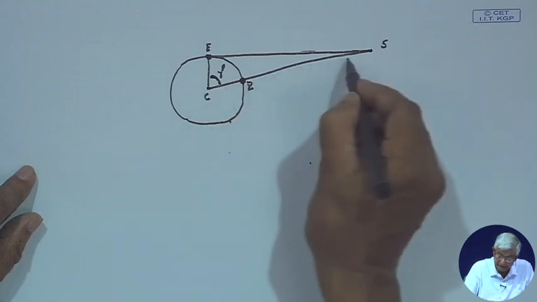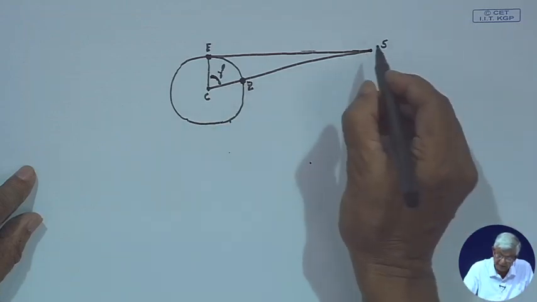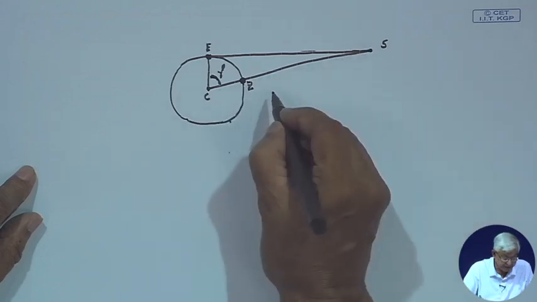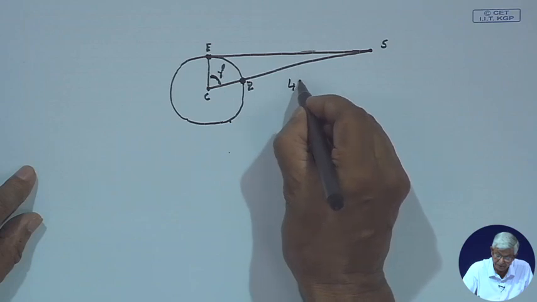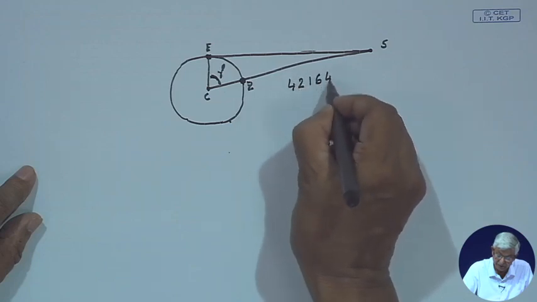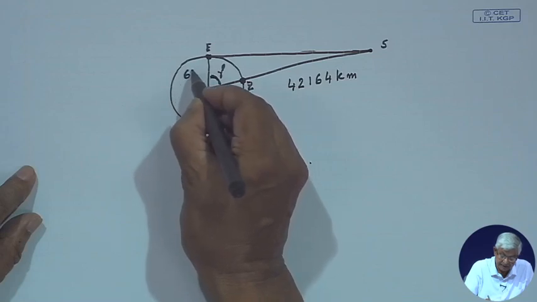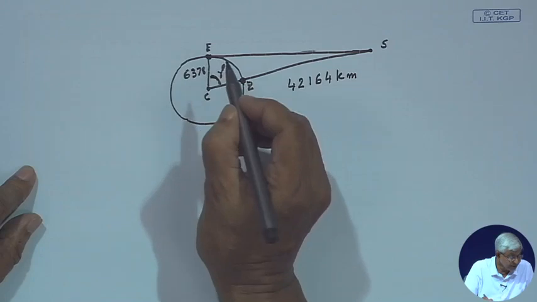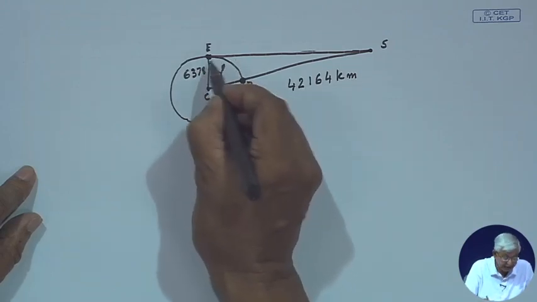Now, this is the distance from the center of the Earth to the satellite, and for a geostationary satellite this distance is already calculated, normally we know it, 42164 kilometer. Radius of the Earth is 6378 kilometer, and this is a right angle triangle.